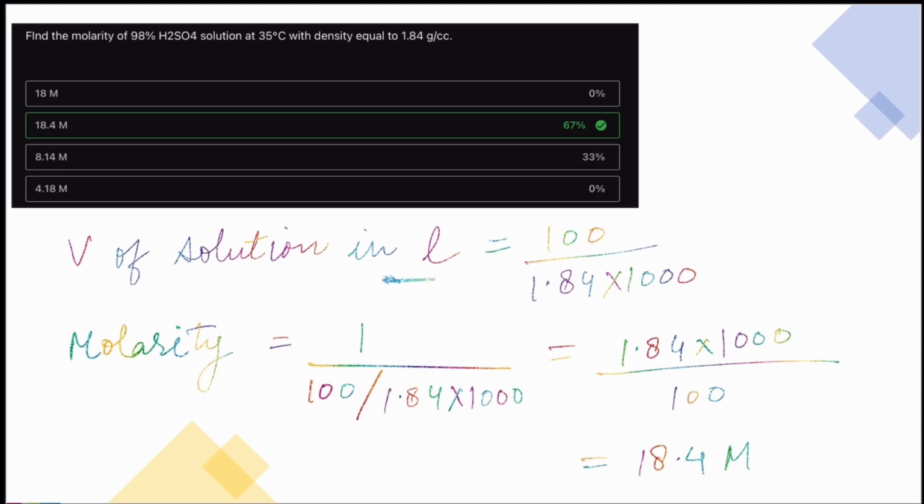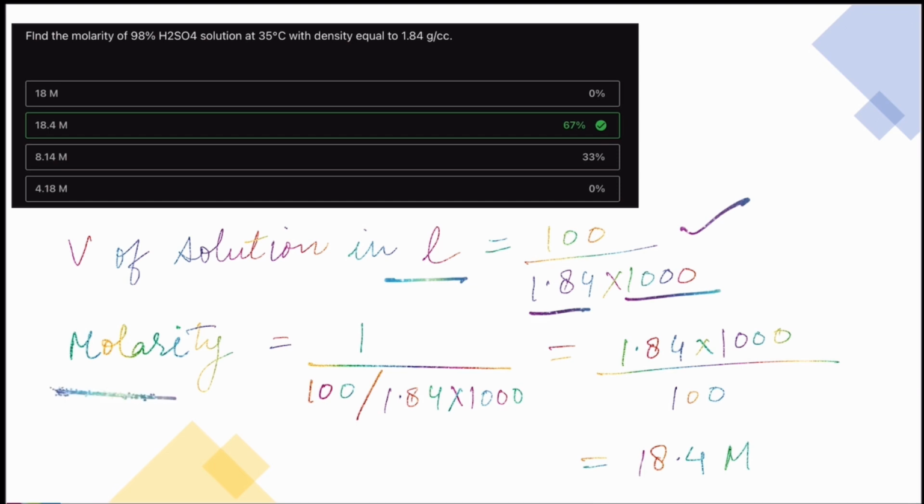So volume of solution in liters will be volume of solution in milliliters or centimeter cube divided by 1000. So volume of solution in liters will be 100 divided by 1.84 into 1000.